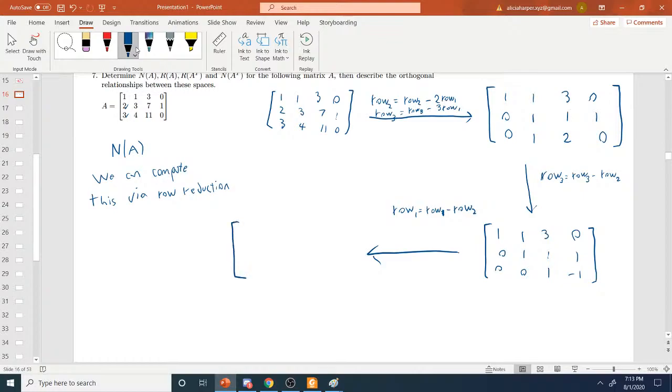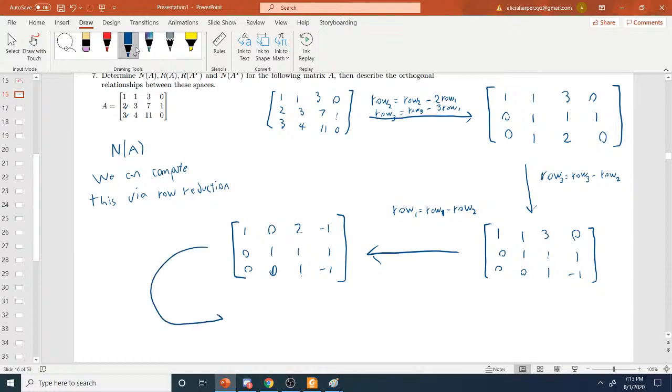If I do this, then the bottom 2 rows stay the same, so 0, 1, 1, 0, 0, 1, negative 1. First row becomes 1, 0, 2, negative 1.